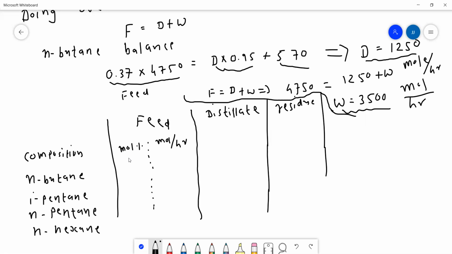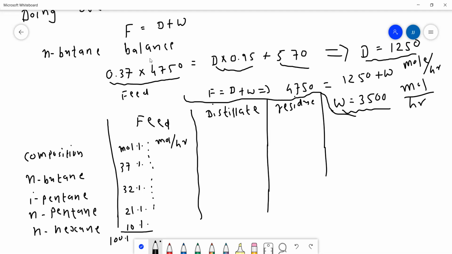So the mole percent is 37% for N-butane, 32% for isopentane, then 21% for N-pentane and 10% for N-hexane. So the total is 100%. So now the molar flow rate.